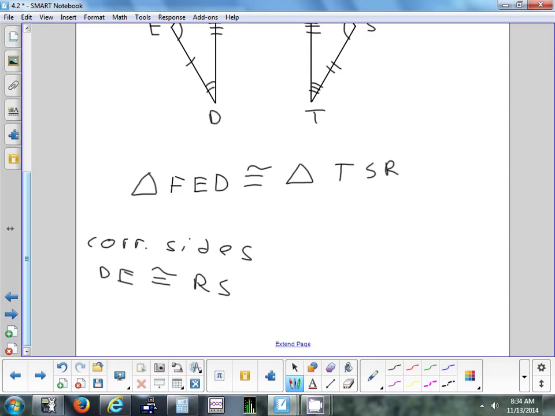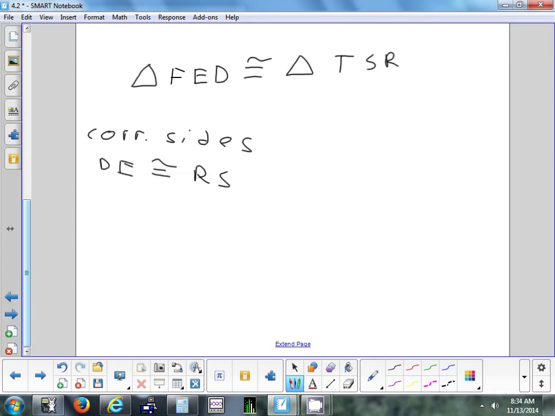So DE and RS. What's another pair? How about Ariel? Let's make sure that if we're going to start on the left-hand side, we use the left-hand triangle. So FE and TS. Yep.